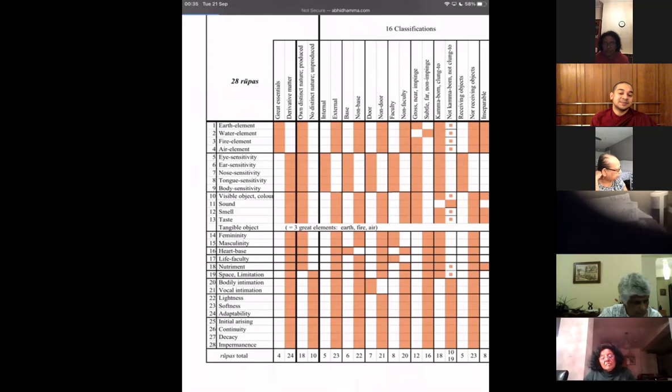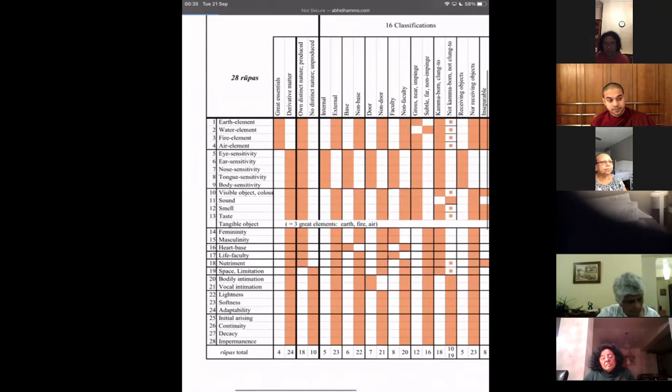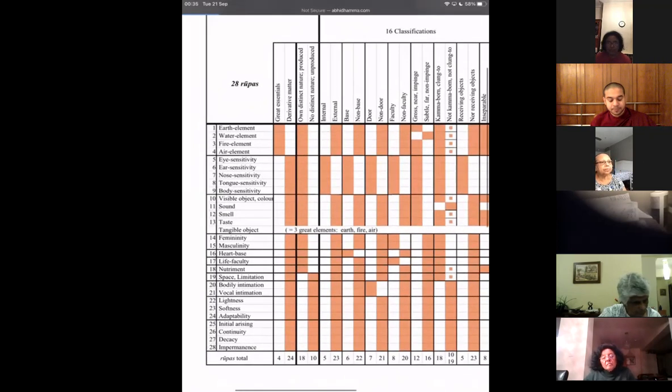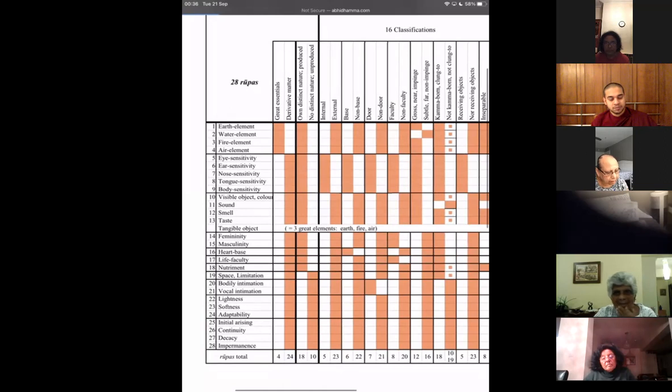It's because these materials are actually common to both Kammaja and other origins, right? For example, if you say earth element, water element, and all, they are common both for Kammaja as well as for Utuja or Cittaja. So it's operating sort of both ways.